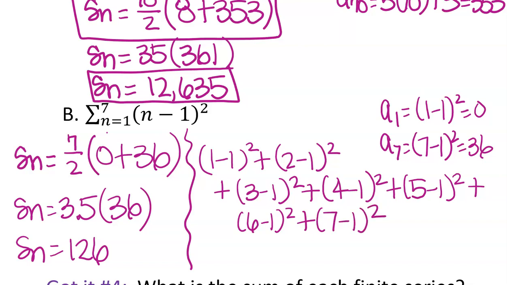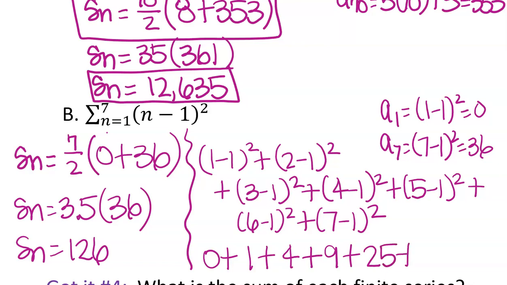So 1 minus 1 squared is 0. 2 minus 1 squared is 1. 3 minus 1 squared is 4. 4 minus 1 squared is 9. 5 minus 1 squared is 25. 7 minus 1 squared is 36. And when I add them all together, I get 91.